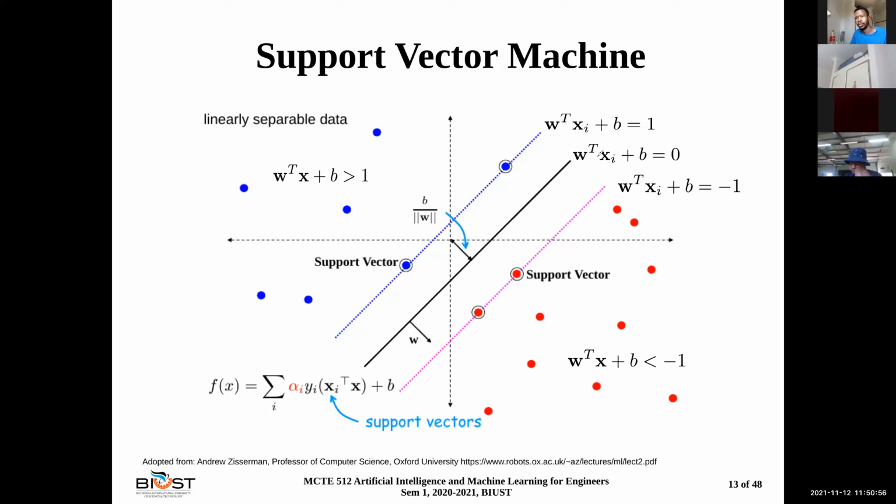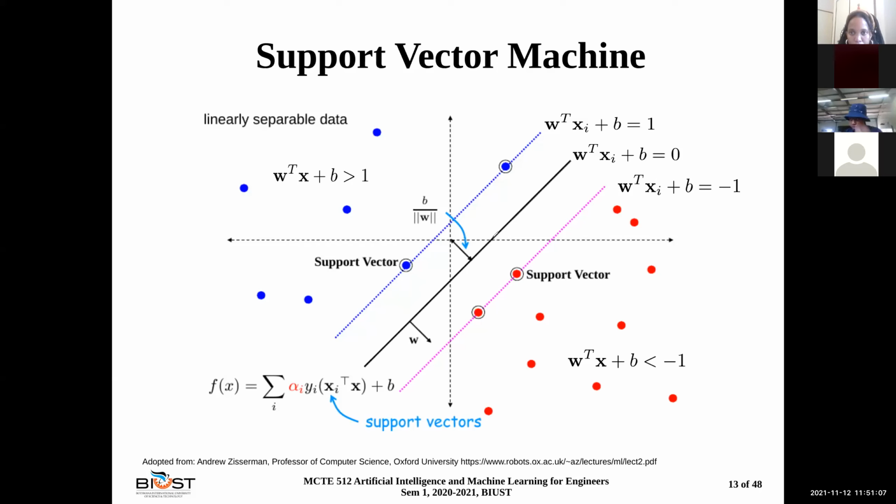Okay, so now we are saying that if xi is sitting on this line, if you find a data point on this line and you evaluate the function f of xi for that particular point, then the value should be equal to 0.